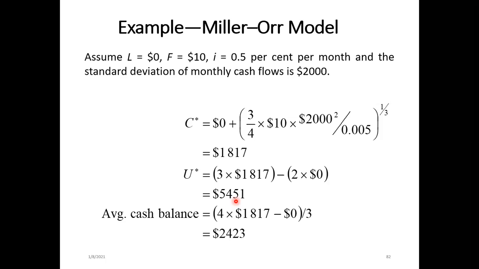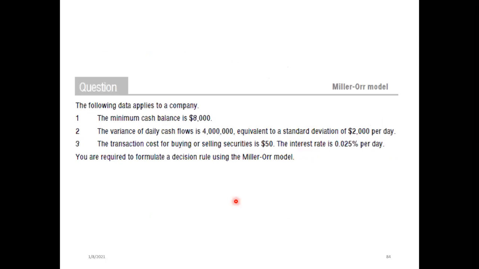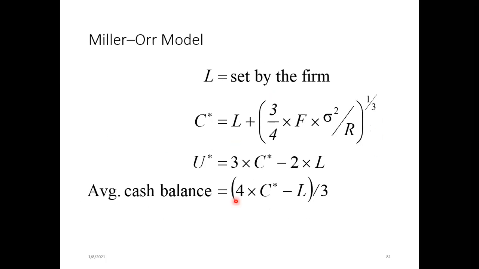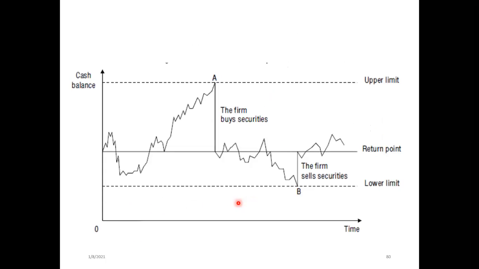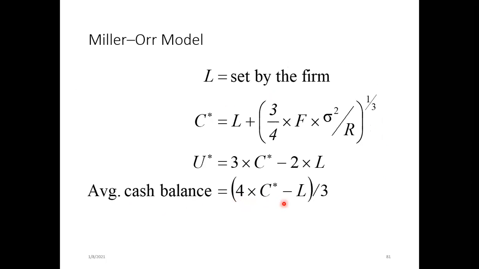for cash management, right? Can you draw it? Can anybody of you draw the limits? If you want, I can draw it for you, and we can calculate the average cash balance. That is how much? 4 into optimum cash balance minus lower balance divided by 3.